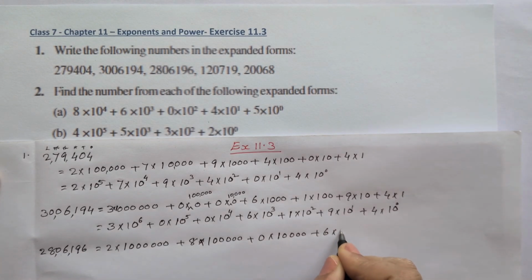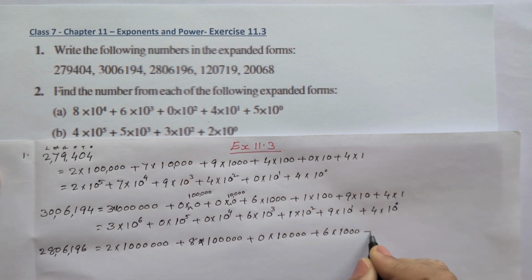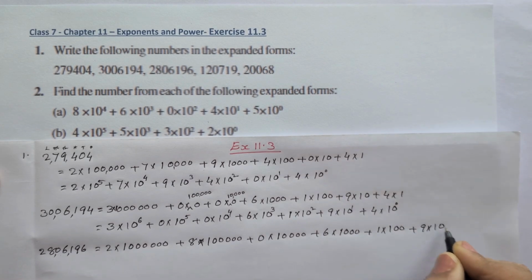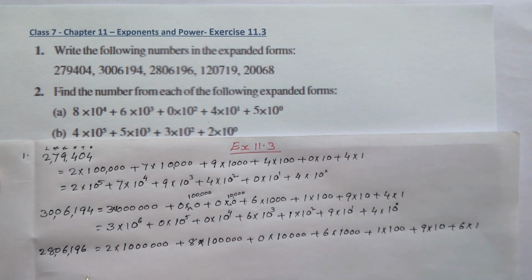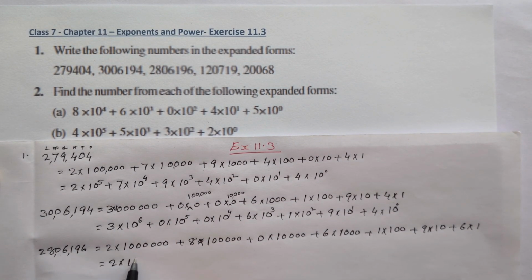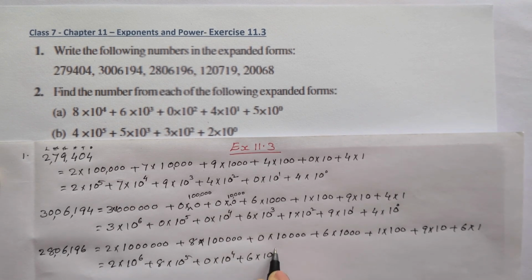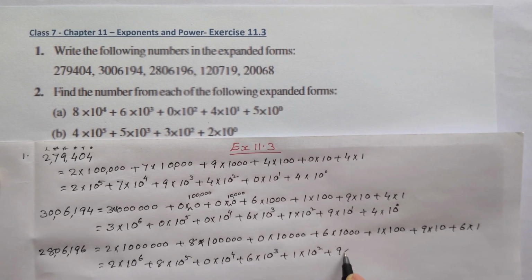Plus 6 into 1000, 3 zeros. 1 into 100, 9 into 10 plus 6 into 1. This we can write as 2 into 10 raised to 6 plus 8 into 10 raised to 5 plus 0 into 10 raised to 4 plus 6 into 10 cube plus 1 into 10 square plus 9 into 10 raised to 1 plus 6 into 10 raised to 0.